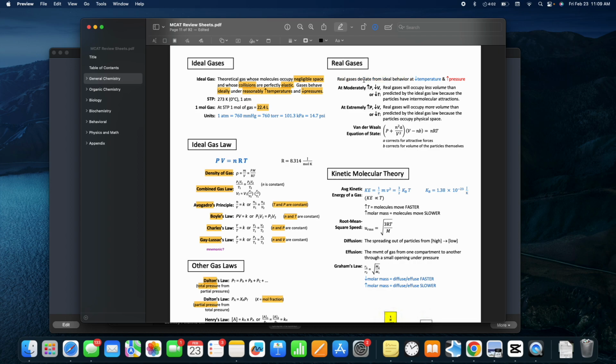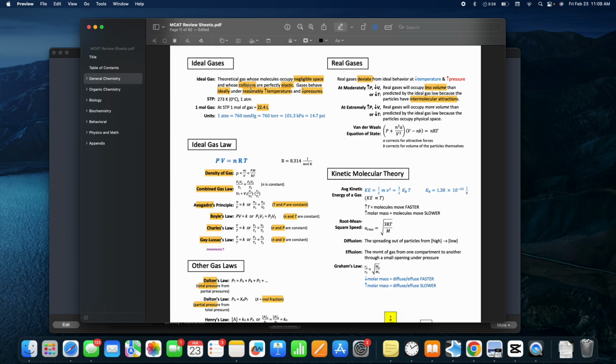At moderately high pressure and low volume or low temperature, real gases will occupy less volume than predicted by the ideal gas law because the particles have intermolecular attractions.